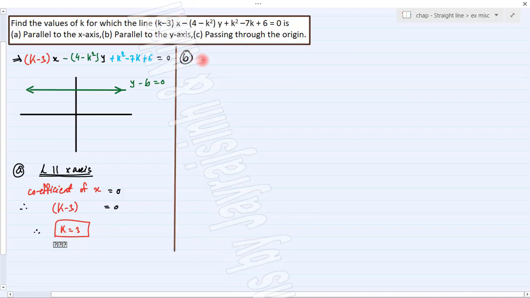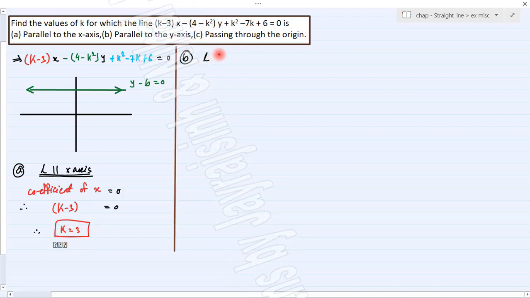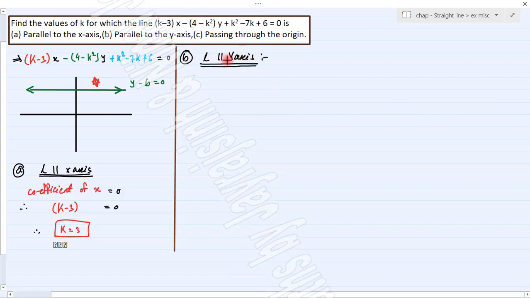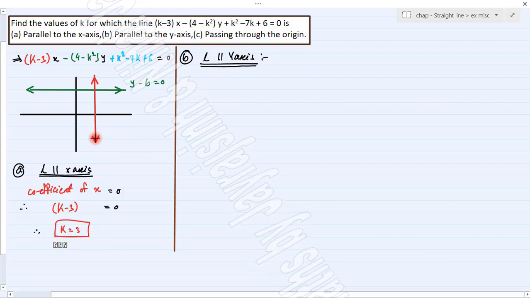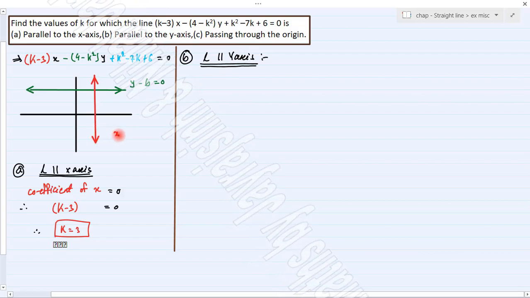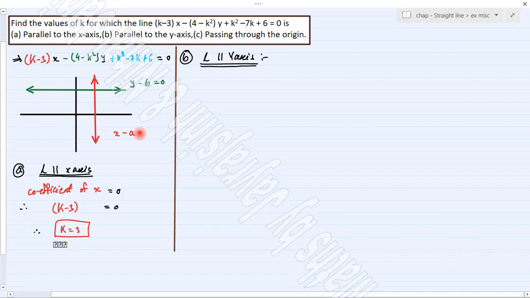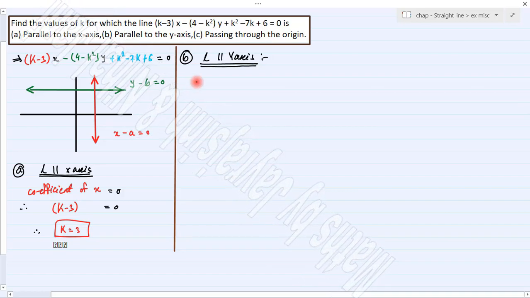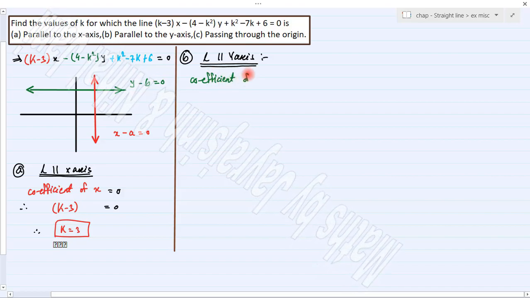Now let's move to the second case, where the line is parallel to the y-axis. Any line which is parallel to the y-axis can be represented by x minus a equal to 0. So as you can see, in this case the coefficient of y must be 0.